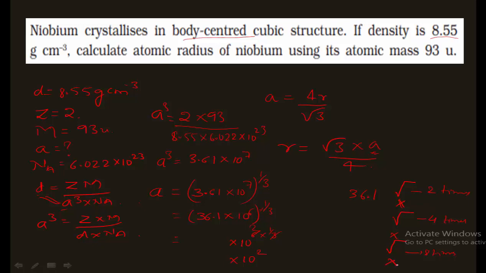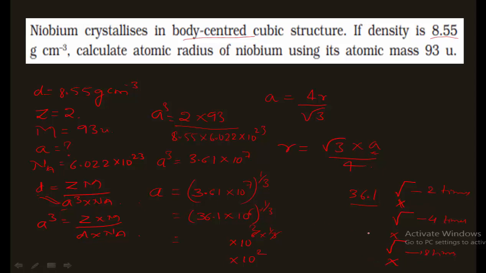Again we have to press the multiplication sign in the simple calculator. So first we have to type 36.1, then square root 2 times, multiply, square root 4 times, multiply, square root 8 times, and finally press the multiplication sign.